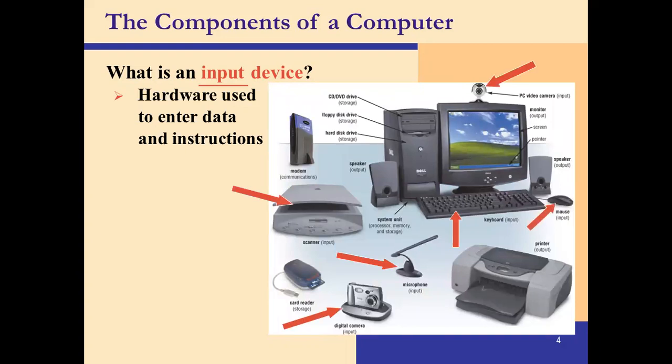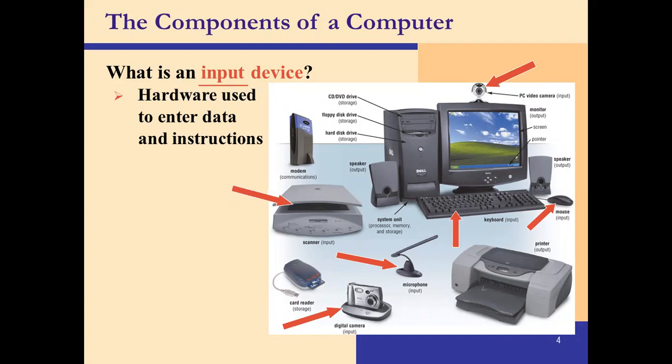Your camera is an input device. It takes a picture of you and stores it in the computer's memory. With the keyboard, you type some words and it takes data inside the computer and saves it in the hard drive. The mouse also gives instructions to perform a certain function, like when you click on My Computer twice to open it.